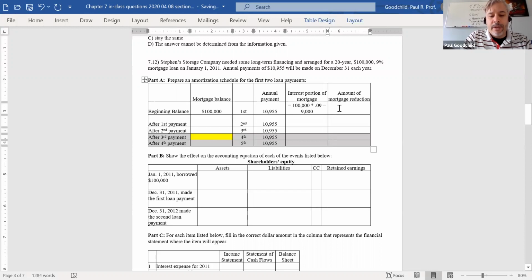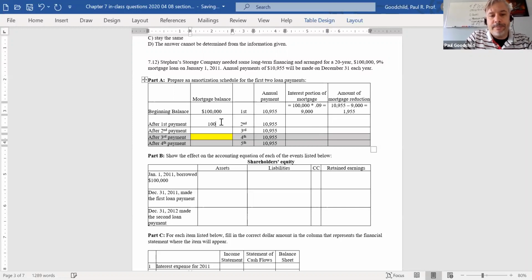So we have now 10,955 minus the 9,000, and that equals 1955. That's going to be reducing the mortgage balance.